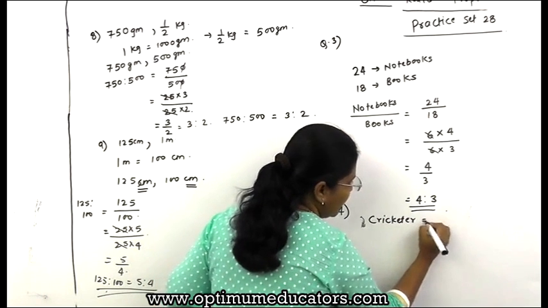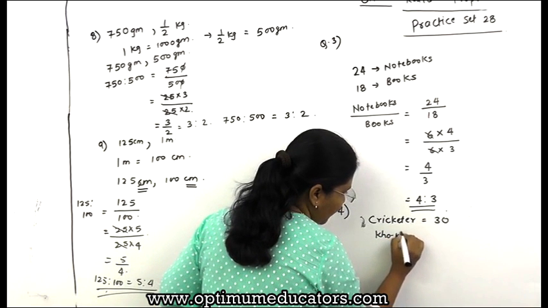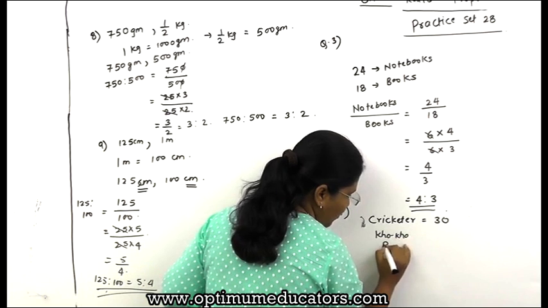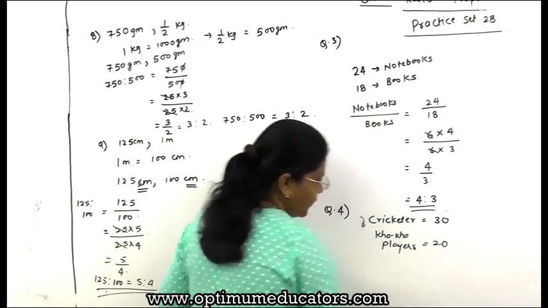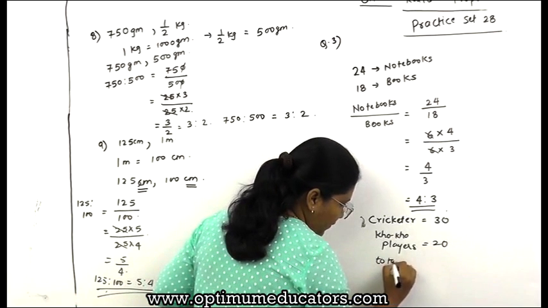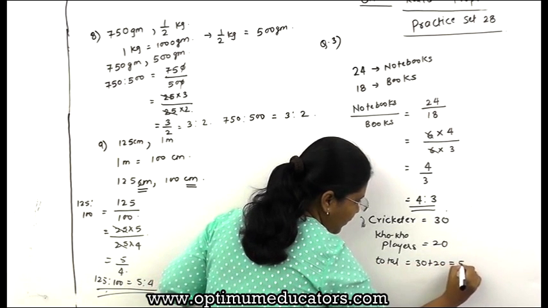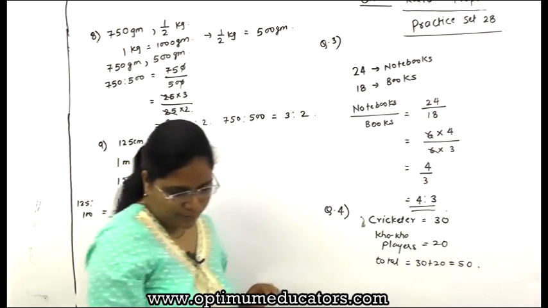Number of cricketers is equal to 30 and kho-kho players is equal to 20. Now what is the total number? 30 plus 20, which is equal to 50, isn't it?